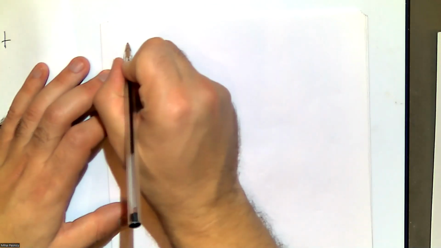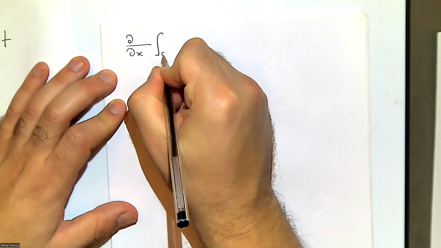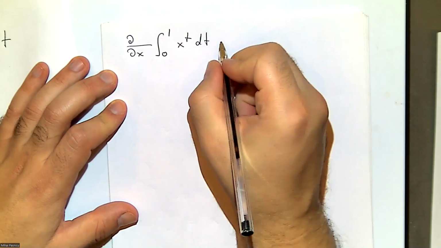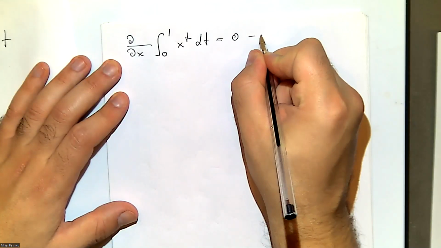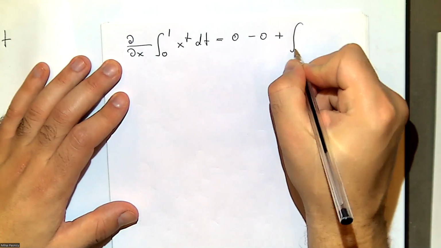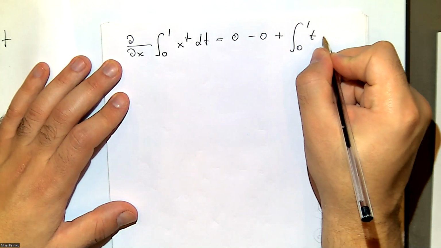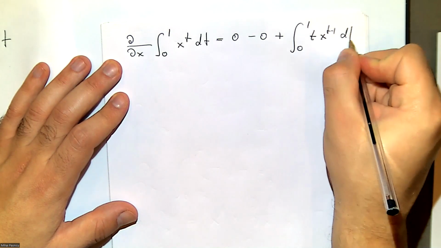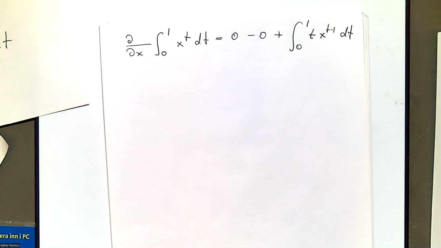So just to give it context, d/dx of this ugly integral from 0 to 1 of x to the power of t, dt, would just be equal to 0 minus 0 plus the integral from 0 to 1 of t x to the power of t minus 1, dt. Now, if you wanted to finish the whole problem, you would have to compute this integral.